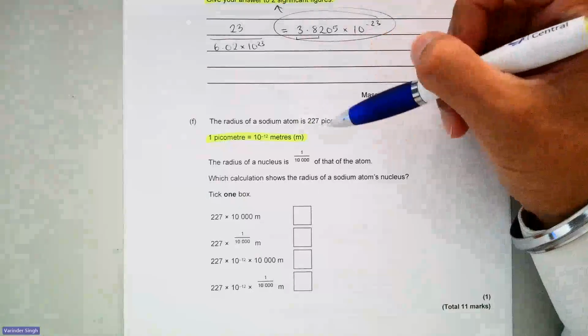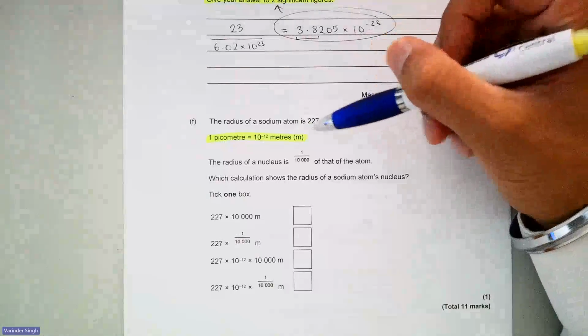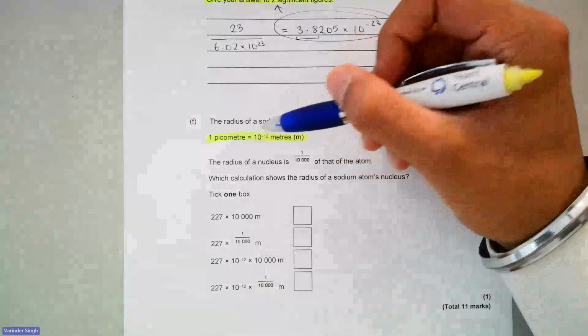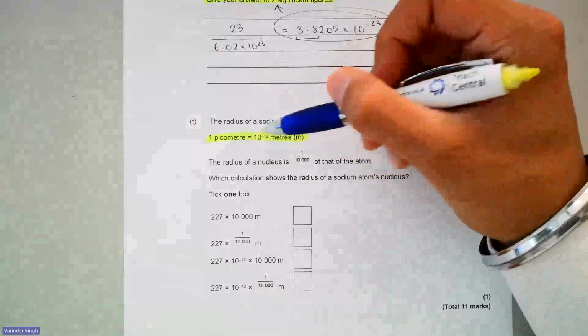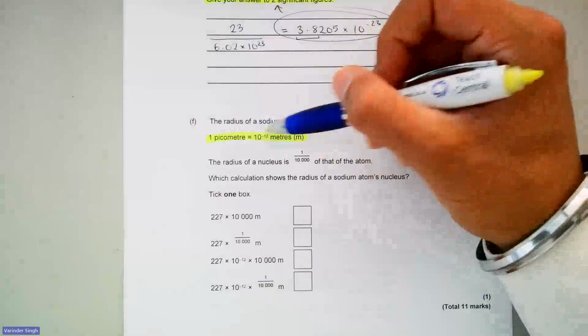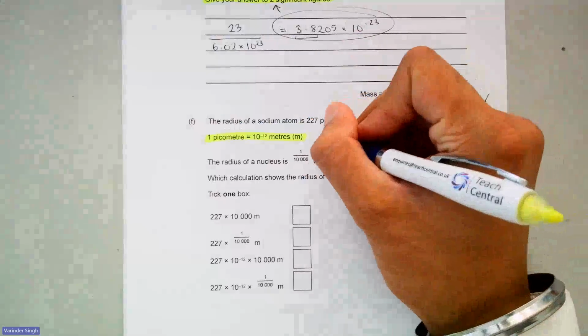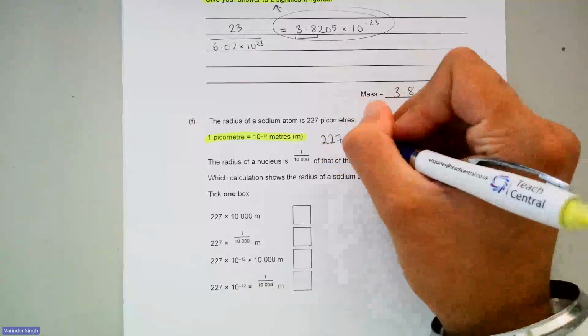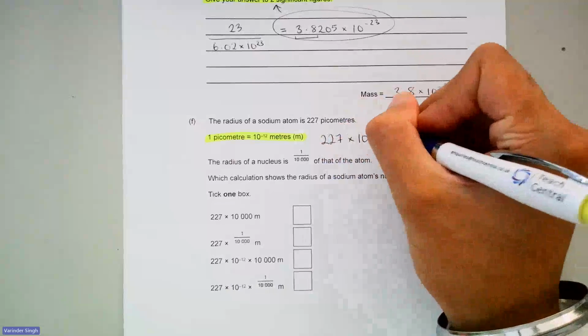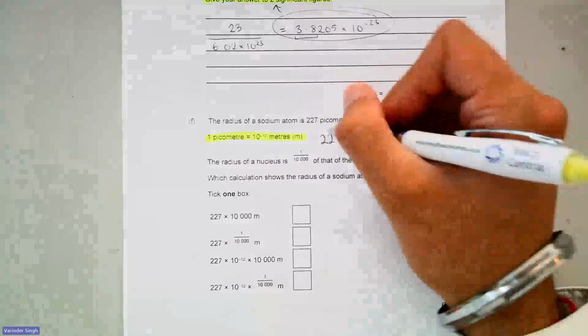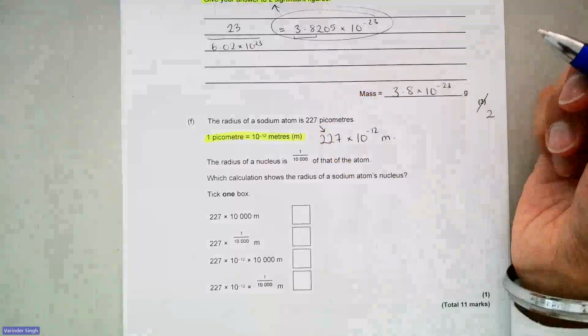So a sodium atom has a radius of 227 picometers, where 1 picometer is equivalent to 10 to the minus 12 meters. So we could write the radius of a sodium atom as 227 times 10 to the minus 12 meters, rather than using picometers. We're almost converting it into meters by doing that.